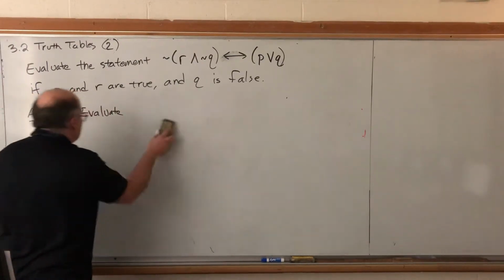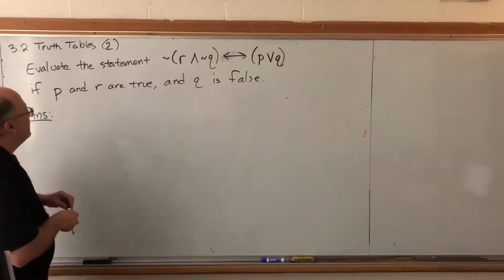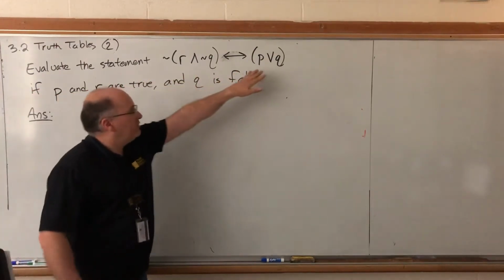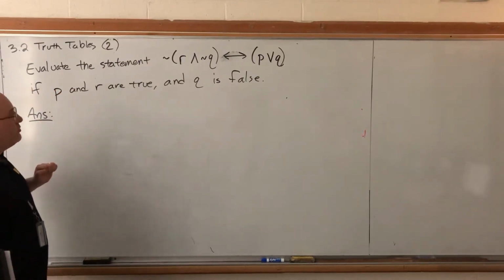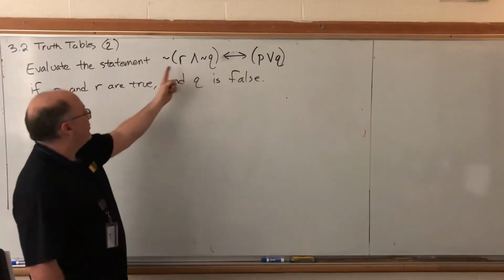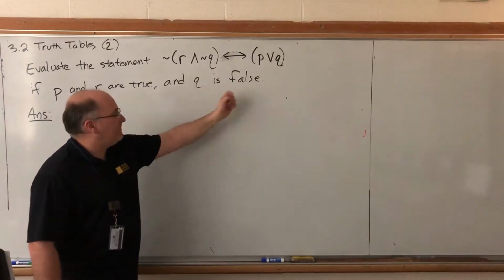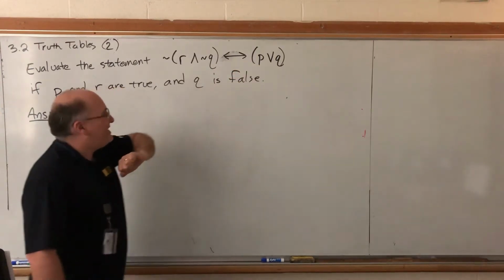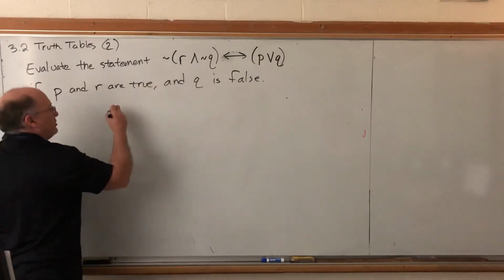So how would you do this one? Well, pretty much the exact same way. Start by rewriting the statement and replacing each simple statement with its truth value. So every time I see R, I'm going to write T for true. Every time I see Q, I'm going to write F for false. Every time I see P, I'm going to write T for true. So here we go.